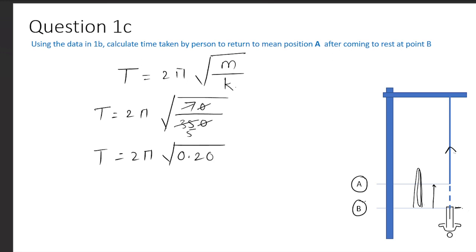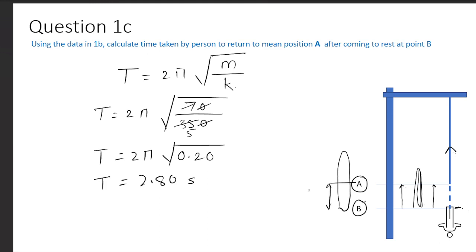Now if you take the root and multiply with 2 pi, we will get T is equal to 2.80 second. This is the time for one complete oscillation. It means the person will go here, come back, and then reach back to point B. But if we are calculating just the time taken by the person to reach from B to A, it's a quarter of the cycle.